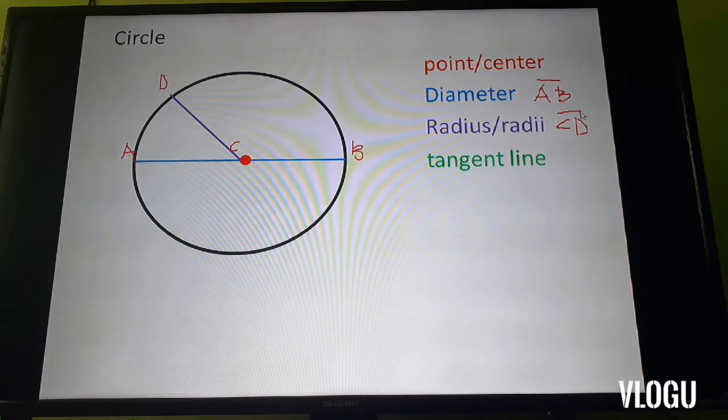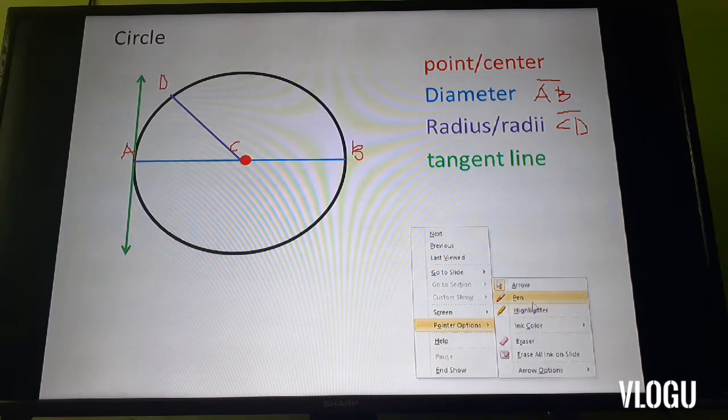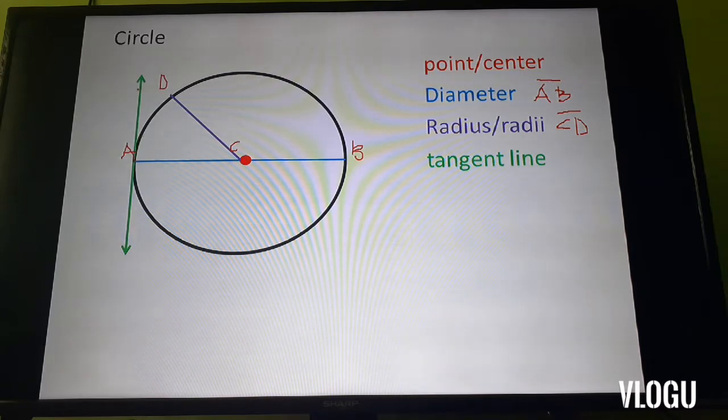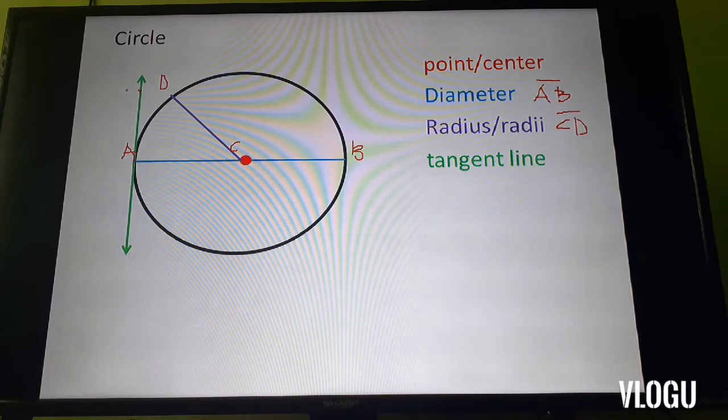And therefore, my tangent line is here. I can represent this as F and this is point G. So my tangent line now is FG.